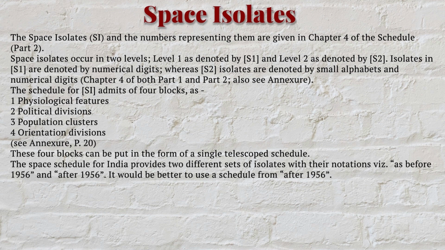For this, we refer to the corresponding part of the annexure. These 4 blocks can be put in the form of a single telescope schedule. The space schedule for India provides 2 different sets of isolates with their notations, namely before 1956 and after 1956. It would be better to use a schedule from after 1956.